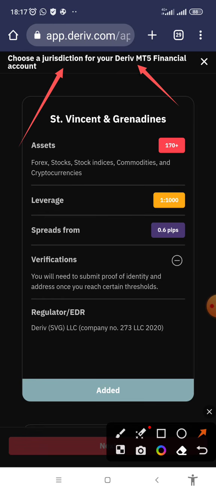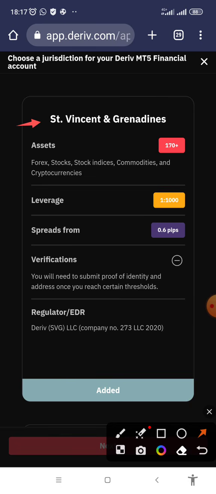So here they are saying to choose a jurisdiction for your DERIV MT5 financial account, which is the CFDs, which is the Forex accounts. They have 4 different jurisdictions. And the very first jurisdiction or location where you can create an account is St. Vincent and Grenadines.